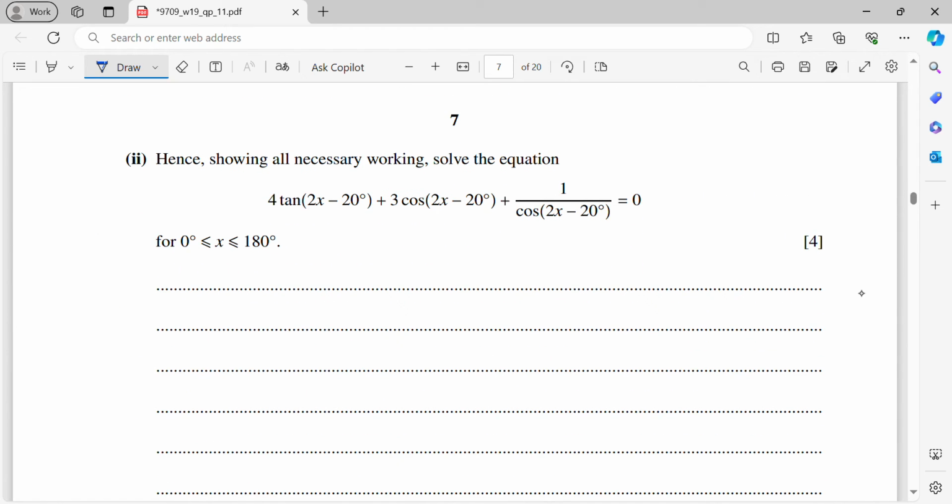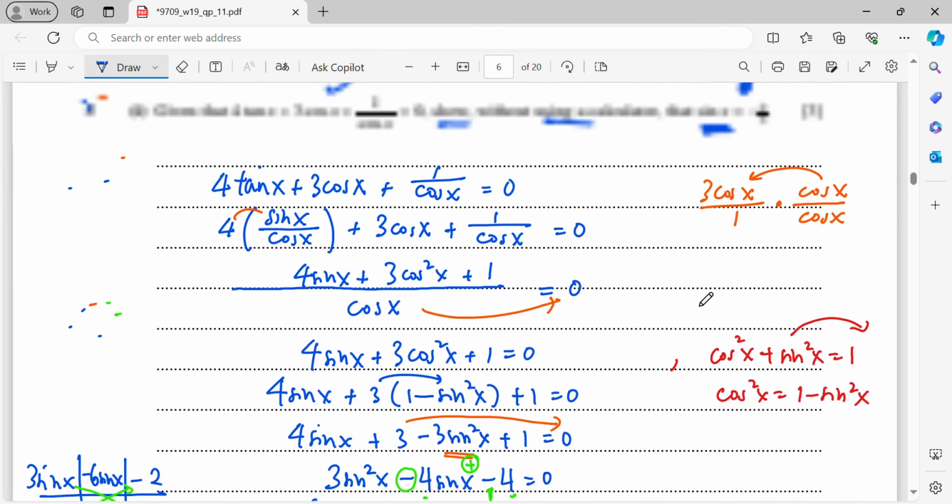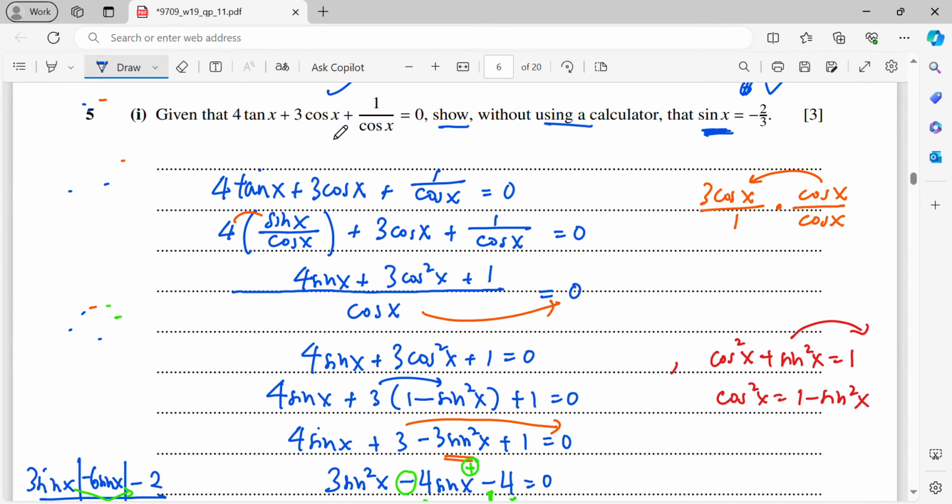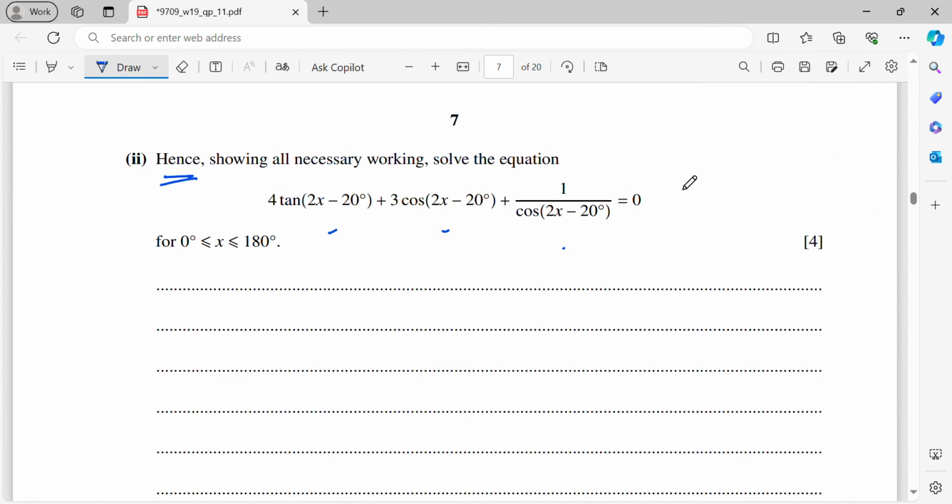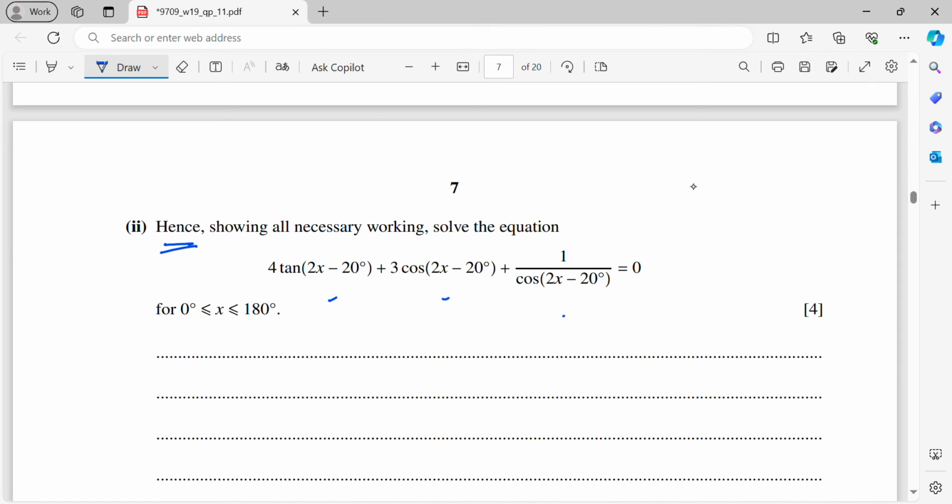Okay, now part 2. Hence has misused the previous answer, right? Solve the equation. So basically, when you compare, just now 4 tangent x, 3 cos x, and 1 over cos x. So now here, 4 tangent x, your x has been changed to 2x minus 20, and 3 cos x, 1 over tangent x, right? So now here, what I need to do is just compare.